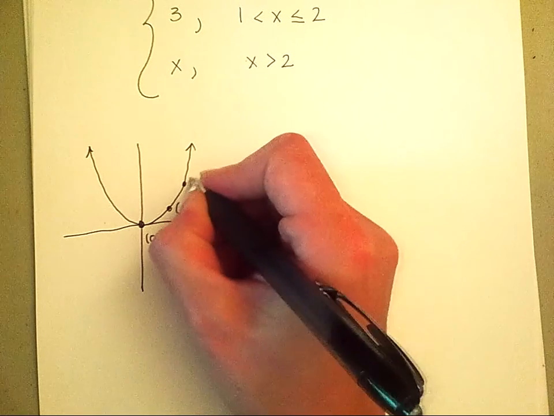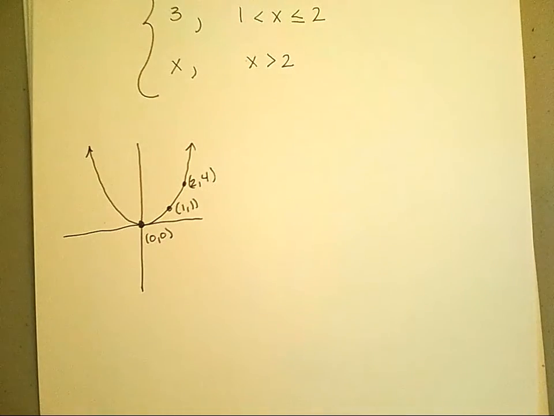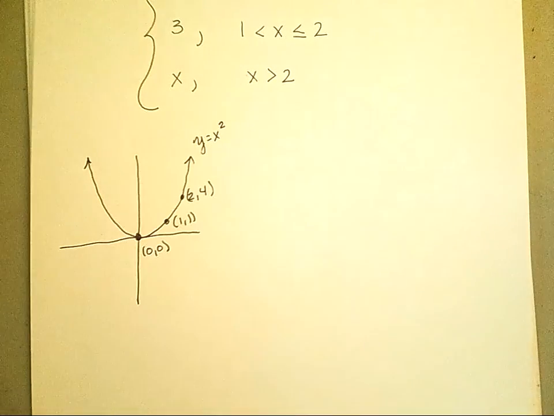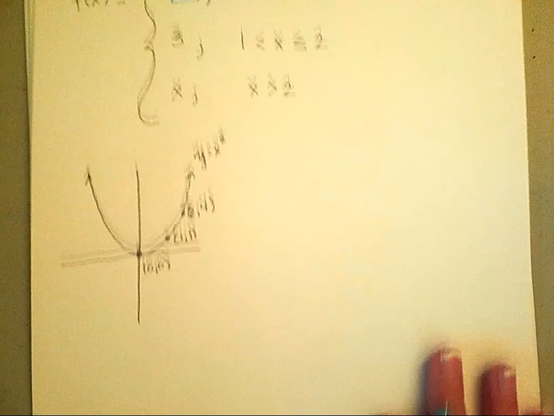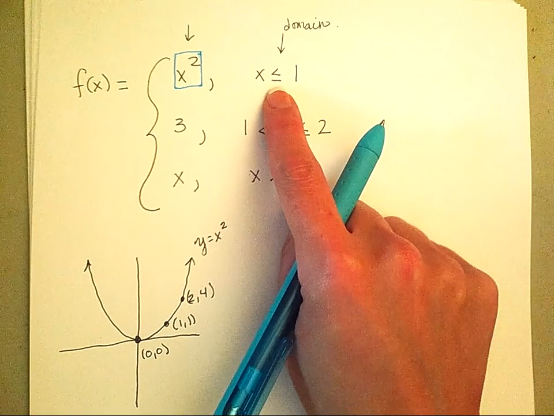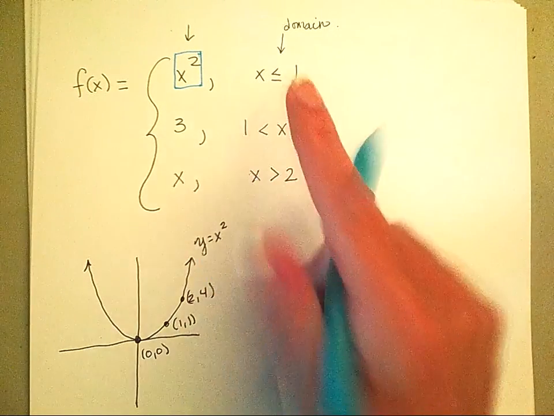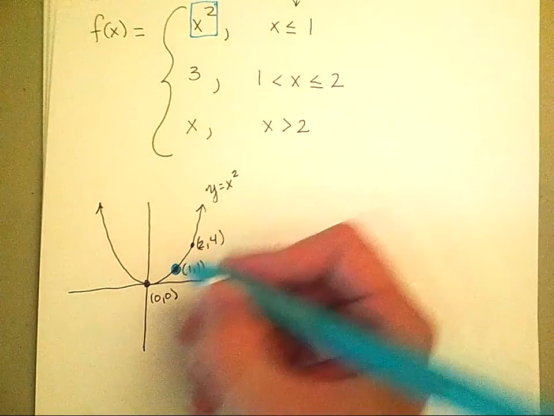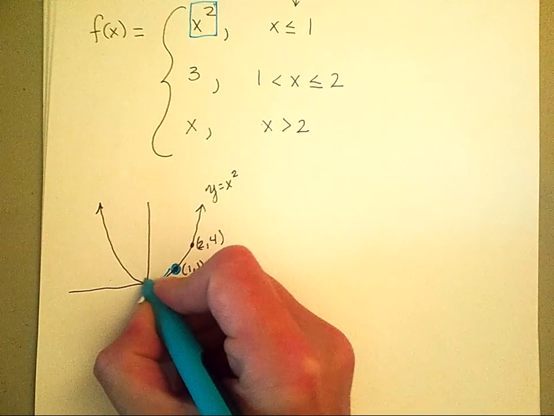At 2 you get 4, etc. So this is y is equal to x squared on its entire domain. But we're not asked about its entire domain. We just want where x is less than or equal to 1. So that means we want this part filled in. We want this portion of the graph.